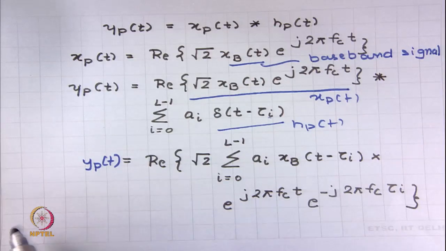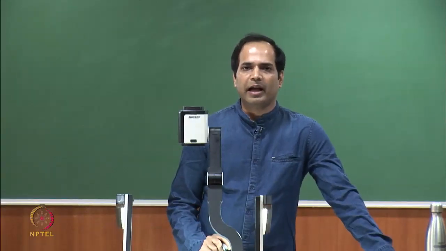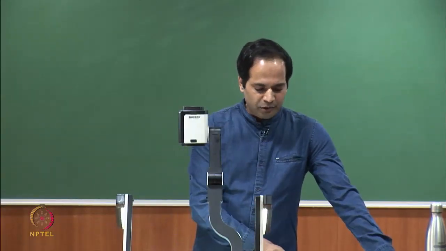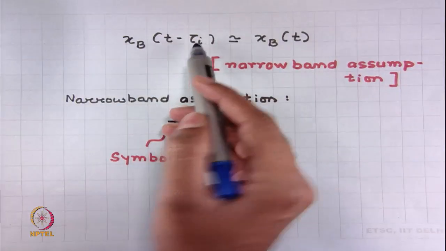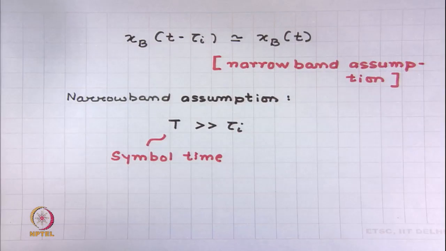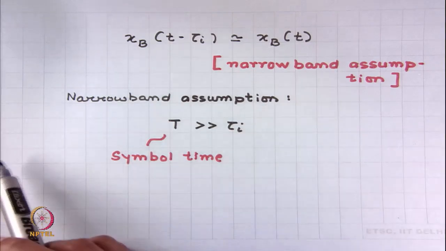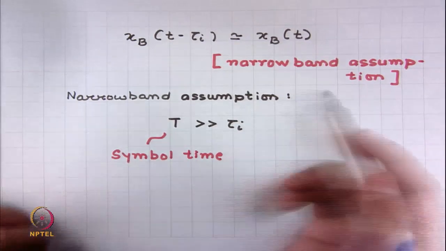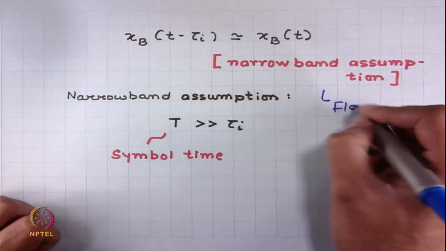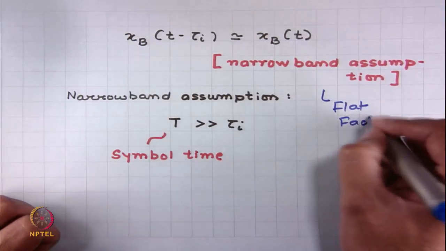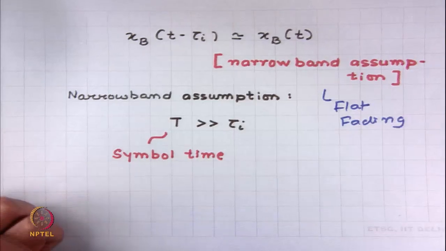Now, to solve this further, I am making an important assumption here. I am assuming that x_b(t minus tau_i) is approximately the same as x_b(t), and this assumption is known as the narrowband assumption. This assumption is true in what are known as flat fading channels, or narrowband channels.